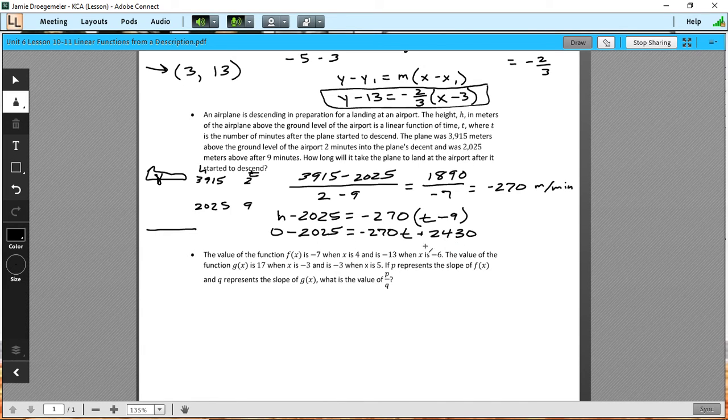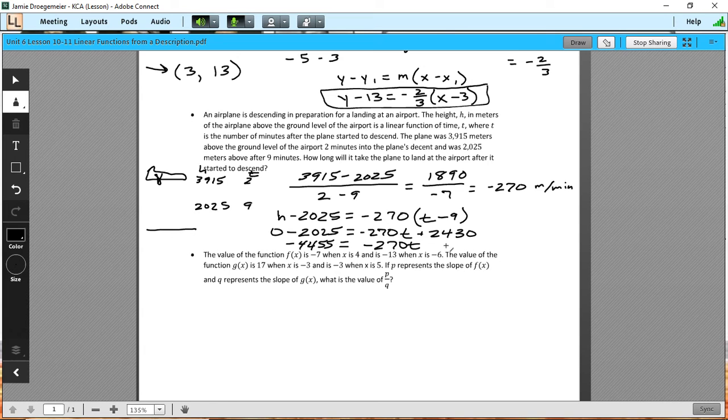I could subtract that 2430 from this side, which would leave me with 270t, and the negative 2025 plus the minus 2430 is negative 4455 here.